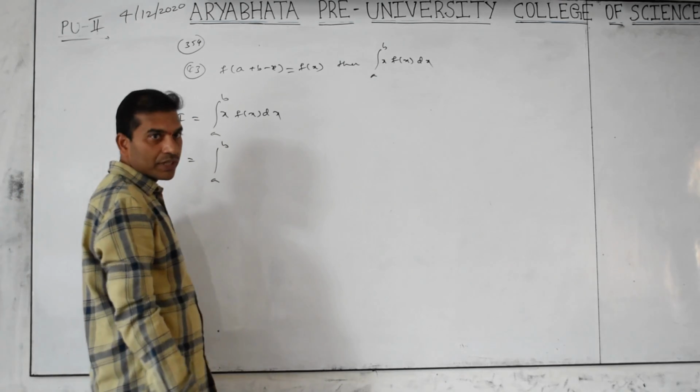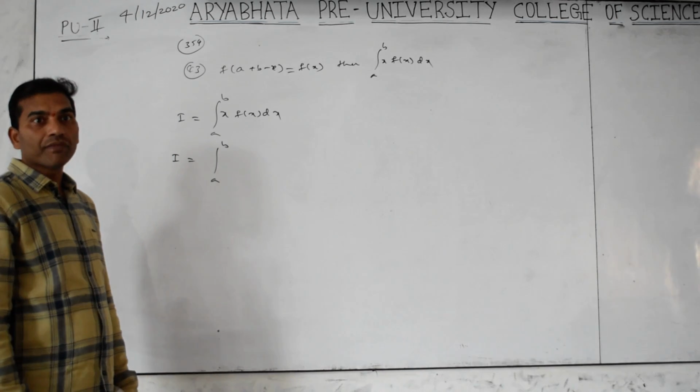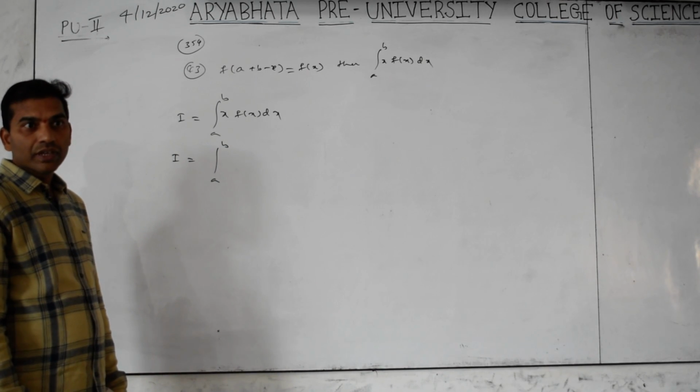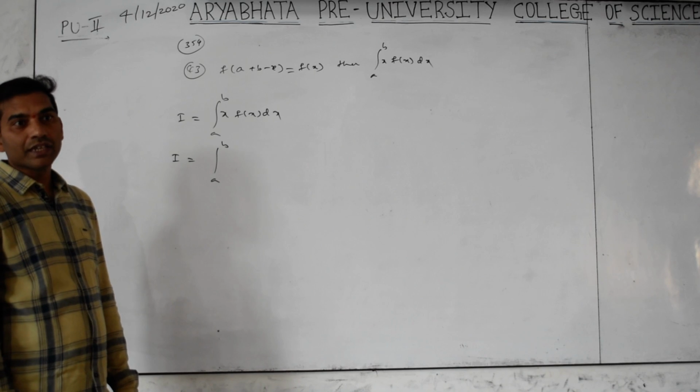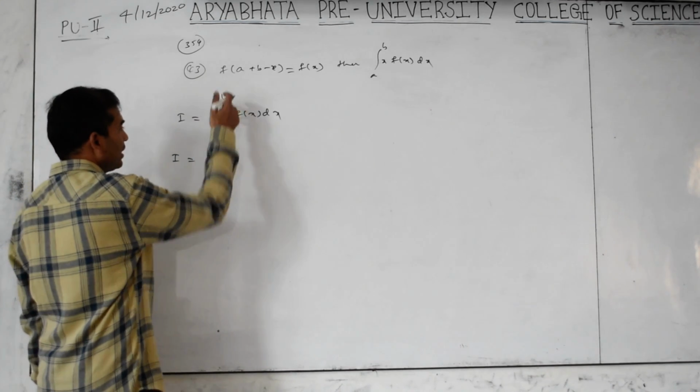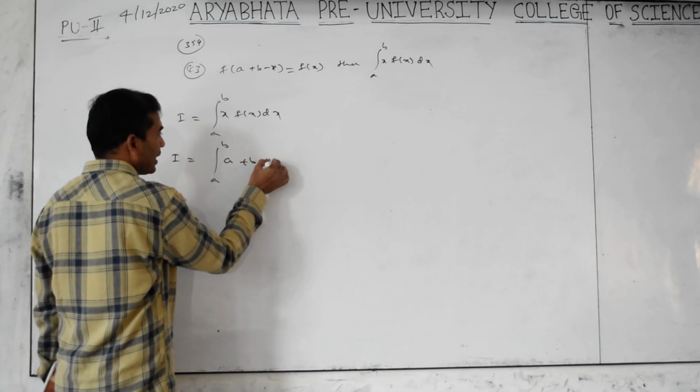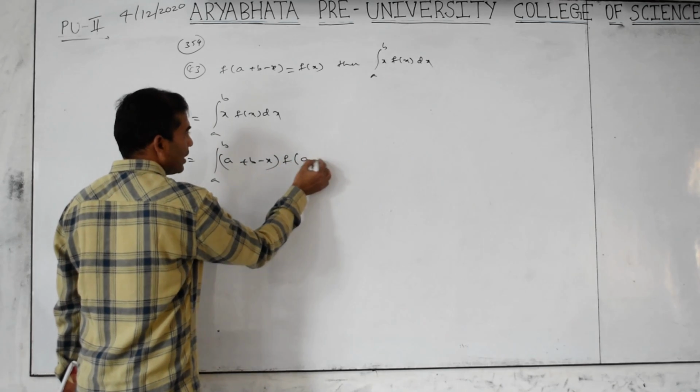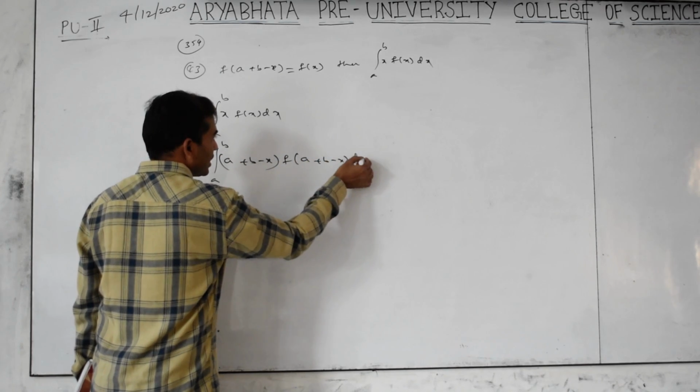What property should we use here? Integration of a to b f of x dx equals integration of a to b f of a plus b minus x dx.